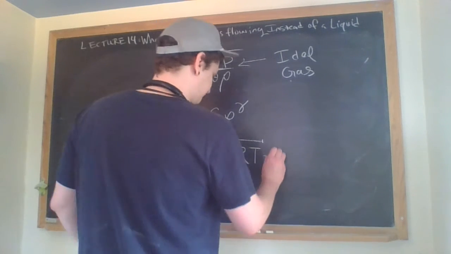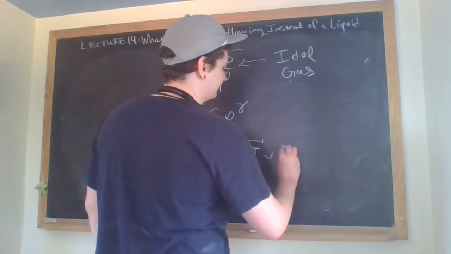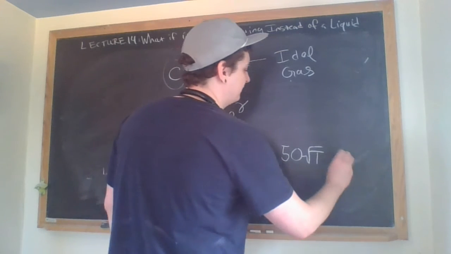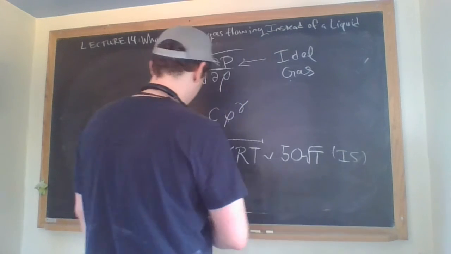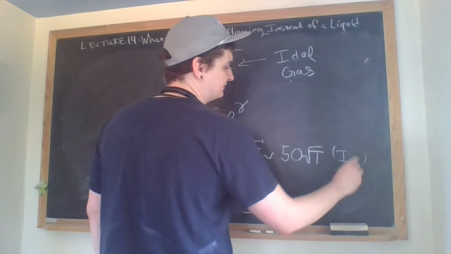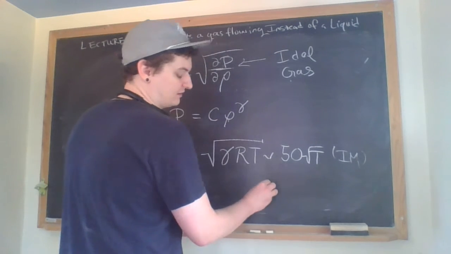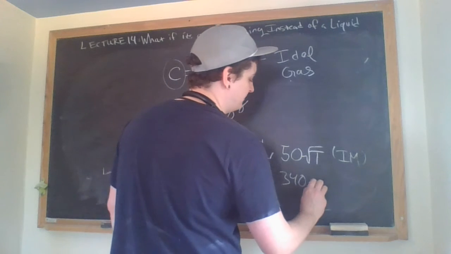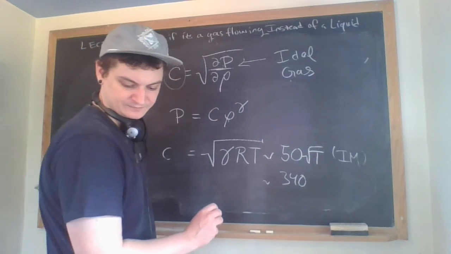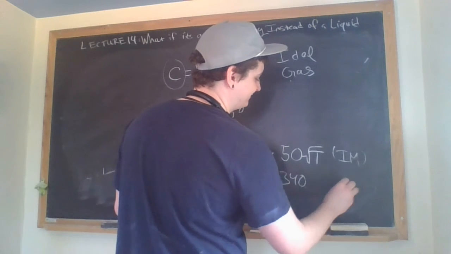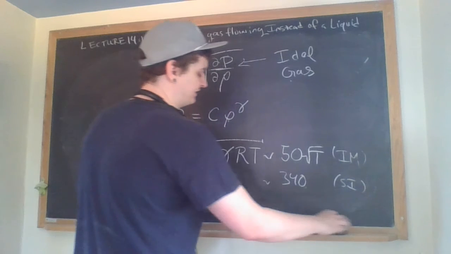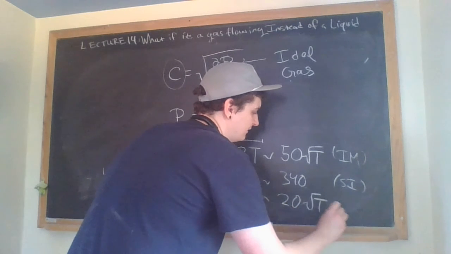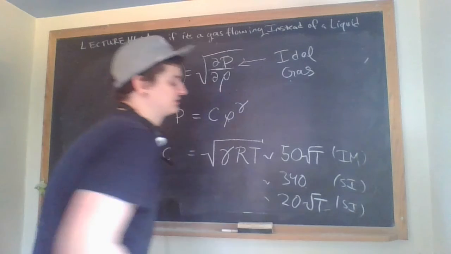Okay. Importantly, this looks like about 50 square root T for imperial units, or it looks around like 340 meters per second at 15 degrees, and then it really looks like that for SI units of meters per second.